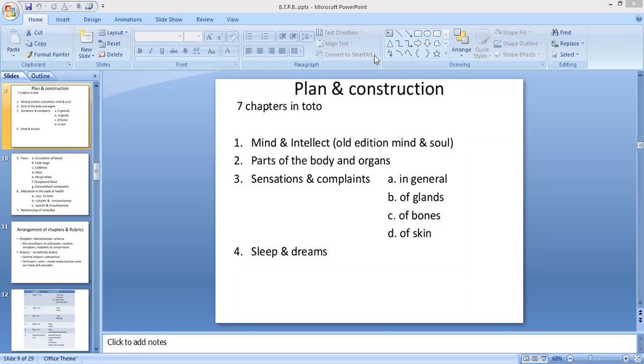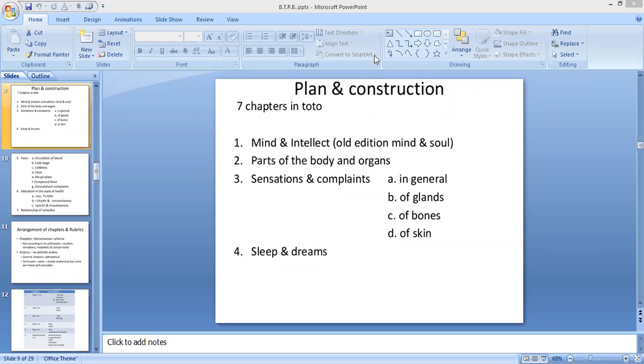Then the second part of this repertory is parts of body and organs. As we know, in this chapter there are about 32 subchapters, and the chapters are arranged according to the Hahnemannian scheme and not according to philosophy, that is location, sensation, modality or concomitant.